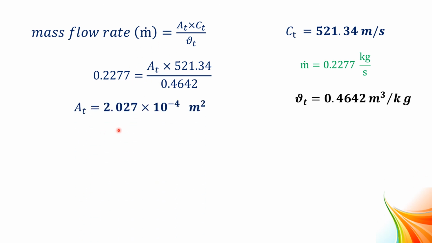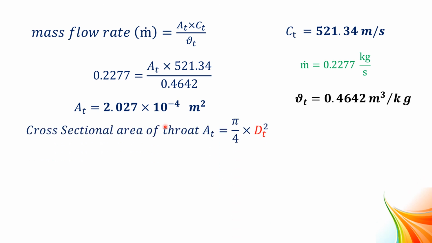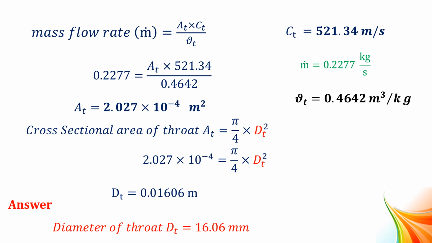So At equal to 2.027 into 10 to the power minus 4 meter square. Now we know At equal to pi by 4 into dt square. Substituting the value of At here, we find the diameter of throat, which is 0.01606 meter, or the diameter of throat dt equal to 16.06 millimeter.